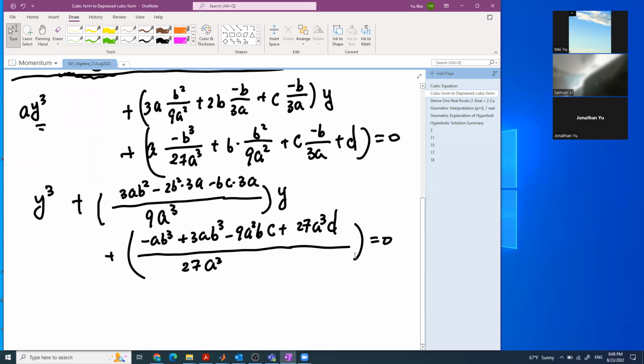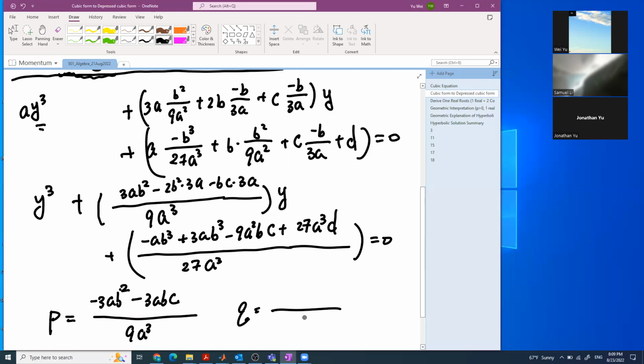So now you can see any general cubic form can be reduced to the depressed form with p equal to 3ab squared minus 6ab squared, which is negative 3ab squared, then minus 3abc, and q equals 27a cube.